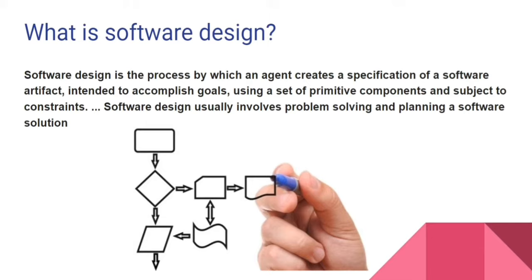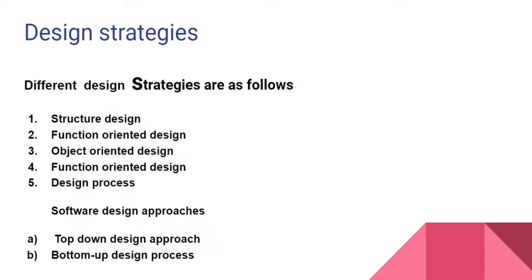Software design tells us how the software will work. In software design, the user requirements are mapped, and it tells us how the functionality is provided by the system. So these are the things related to software design.